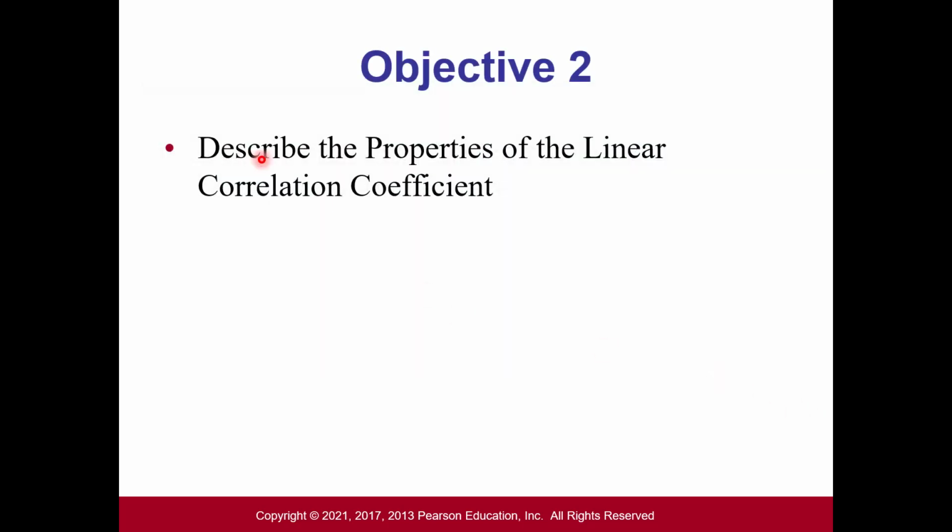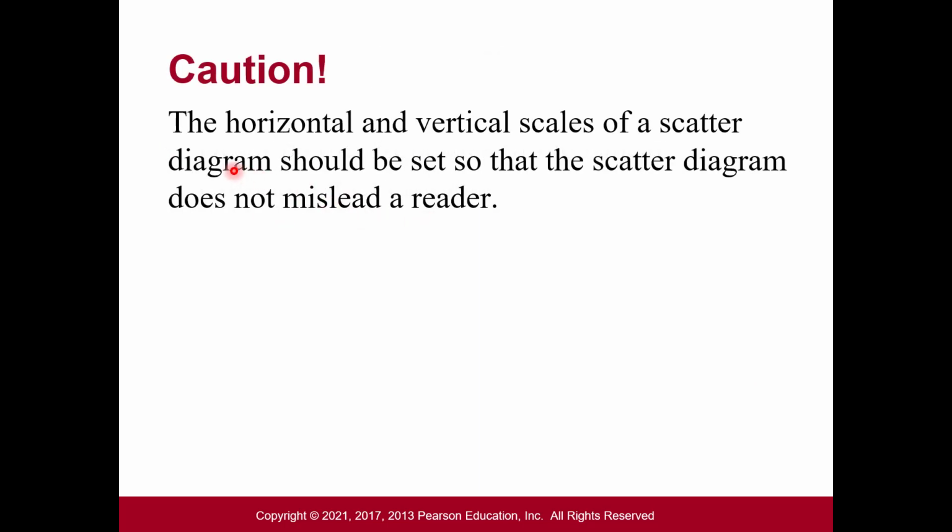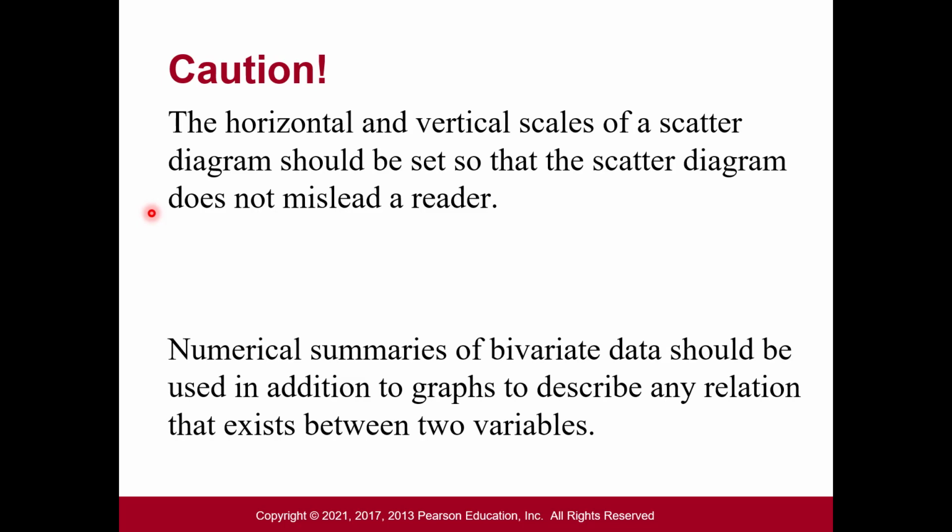Okay, now let's talk about the properties of the linear correlation coefficient. So a word of caution real quick. The horizontal and vertical scales of a scatter diagram should be set so that the scatter diagram does not mislead the reader. So make sure when you're drawing your scatter diagram, you scale the horizontal and vertical axis appropriately.